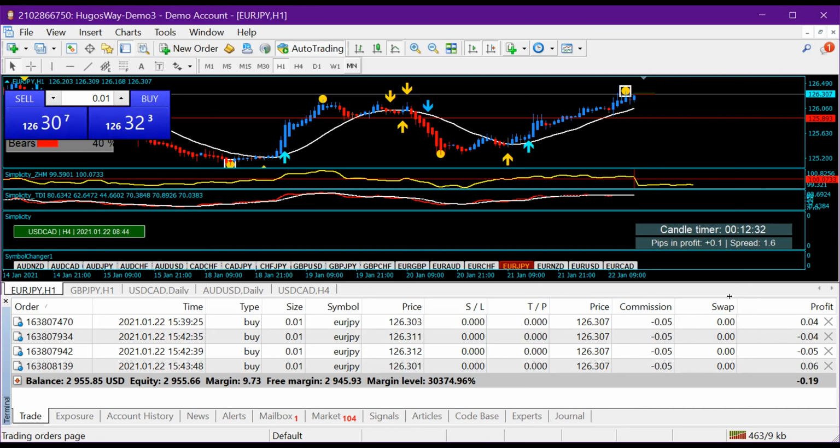And swap. So I'm gonna just briefly touch on that. Swap is a fee that is assessed by the broker. So at 5 p.m. on a normal trading day, so today is Friday, so 5 p.m. we know market closes, right? So if you're in any trades, monitor your trades, and if you can, secure a profit and get out of that trade so you won't be stuck in that trade over the weekend while market is closed.